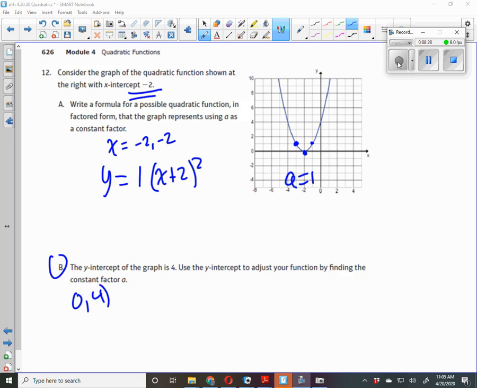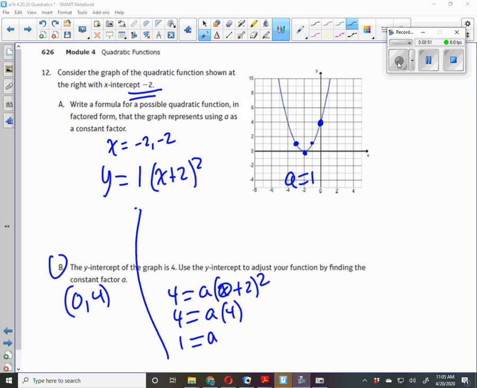At 4, which is what we have right here, right? Then we should be able to plug in 4 equals a times 0 plus 2 squared. Well, 4 equals a times 4, or a equals 1, which is what we had already found up here. Just another method for solving this.